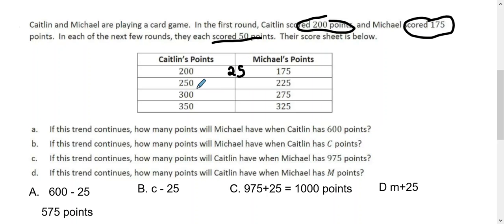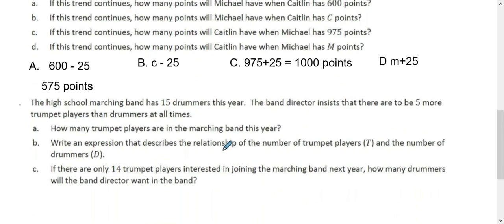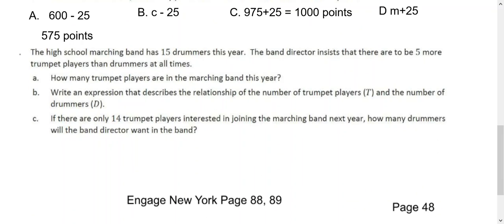Even though they're increasing by 50 each time, there are 25 in between them. So between Caitlin and Michael, you're just subtracting 25. So if it's at 600, minus 25 is 575, and the equation is C minus 25. And if you're going the other way, you have Michael, 975 plus 25 to get 1,000, or m plus 25. Okay, so now I'm going to pause it. You try this problem, and then you'll see the answers, and I'll go through it.